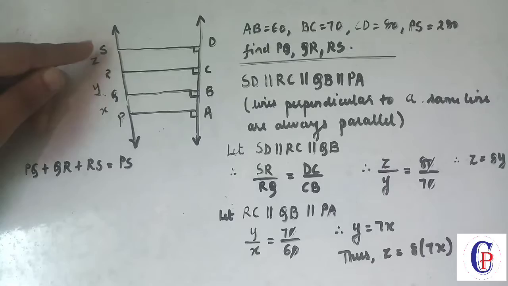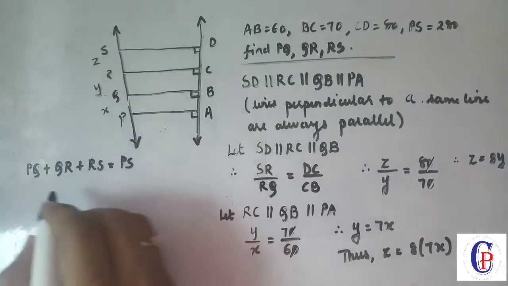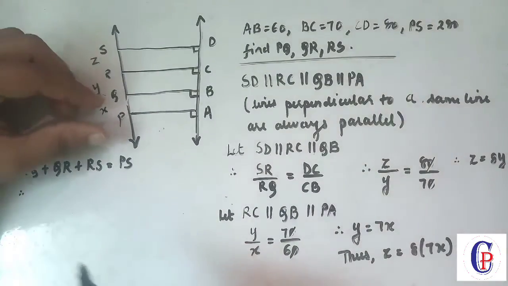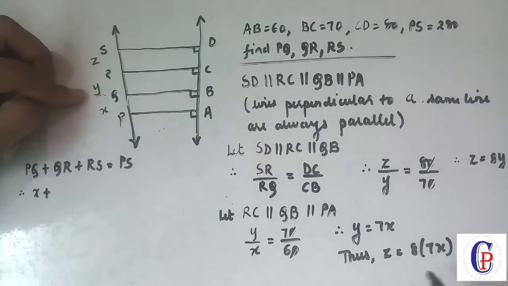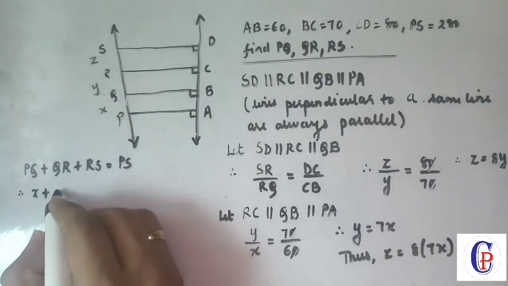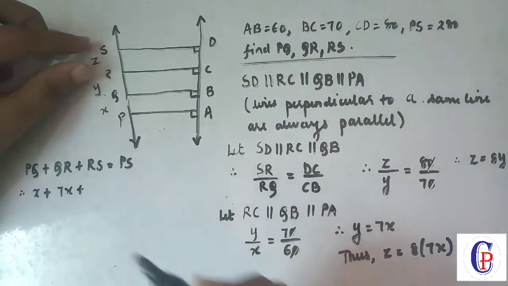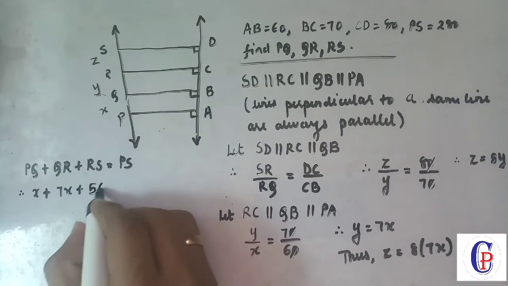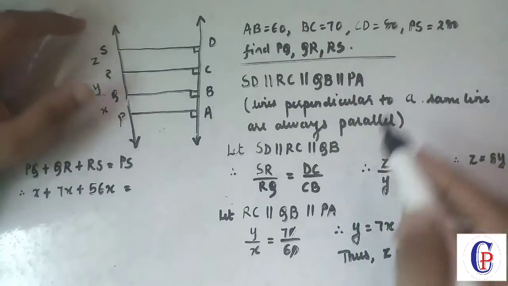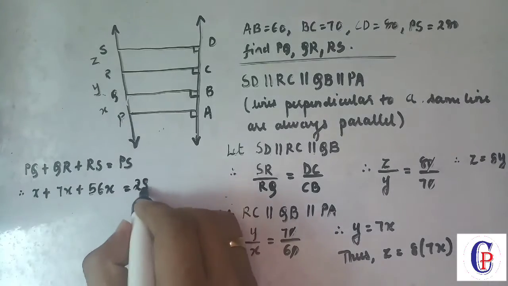PQ is X, QR is Y, which is 7X, RS is Z, which is 56X, and the total value of PS is given as 280.